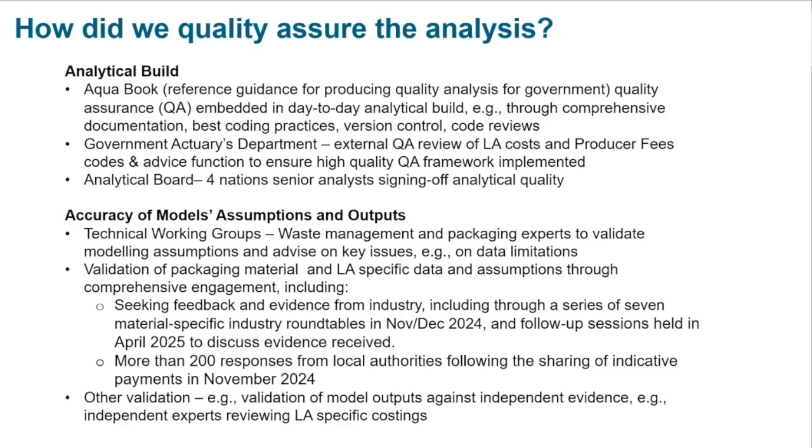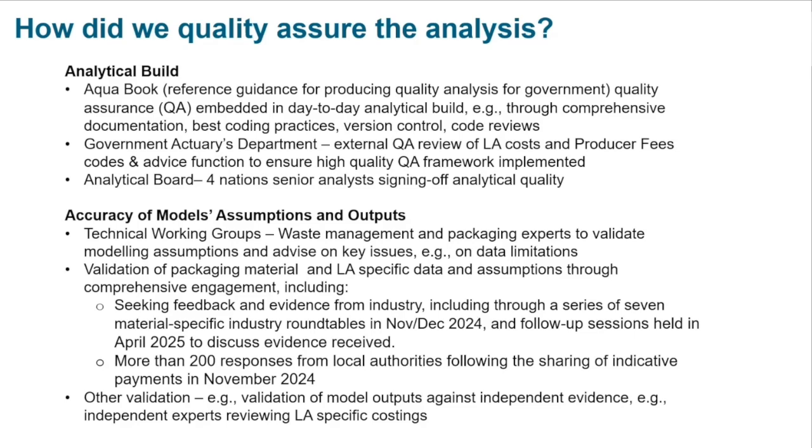That includes comprehensive documentation of the model. We do version controlling of the code through GitHub, and we have a code review system where every team member's contribution to the model is reviewed by other team members. We've also had a few different stakeholders who have advised us on our internal processes.